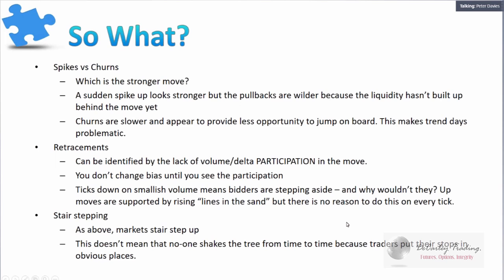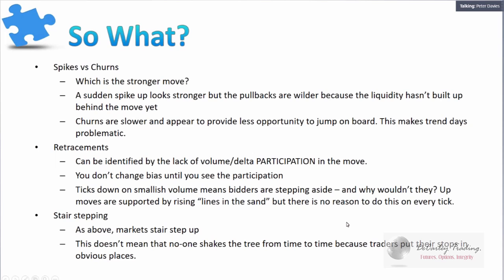The first one is spikes versus churns. By a spike I mean a rapid move up in the market, and a churn meaning a slow grind up. Lots of traders will see a fast move up in the market and think that that is a strong market.